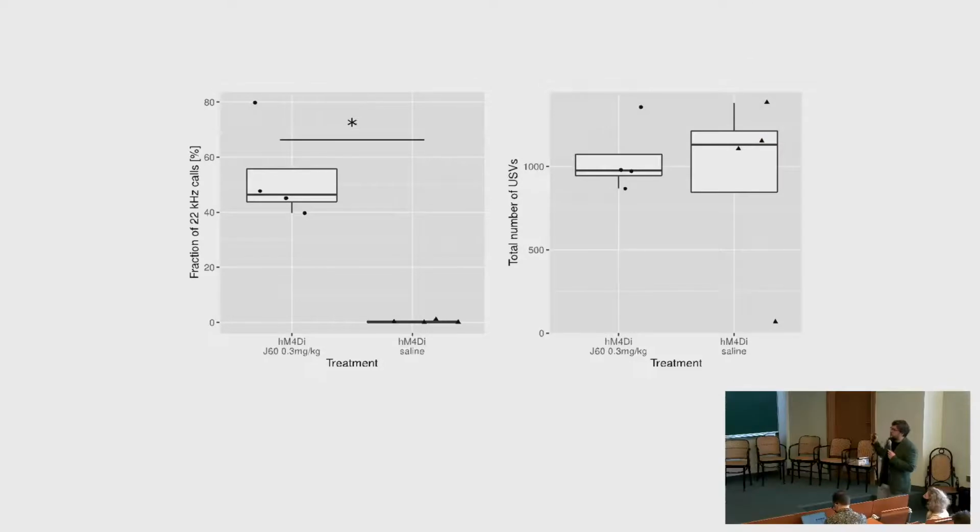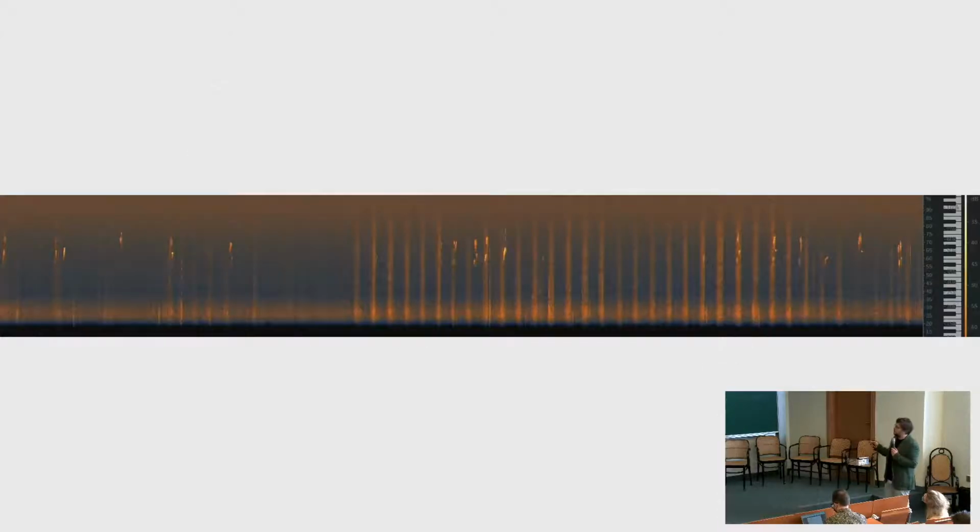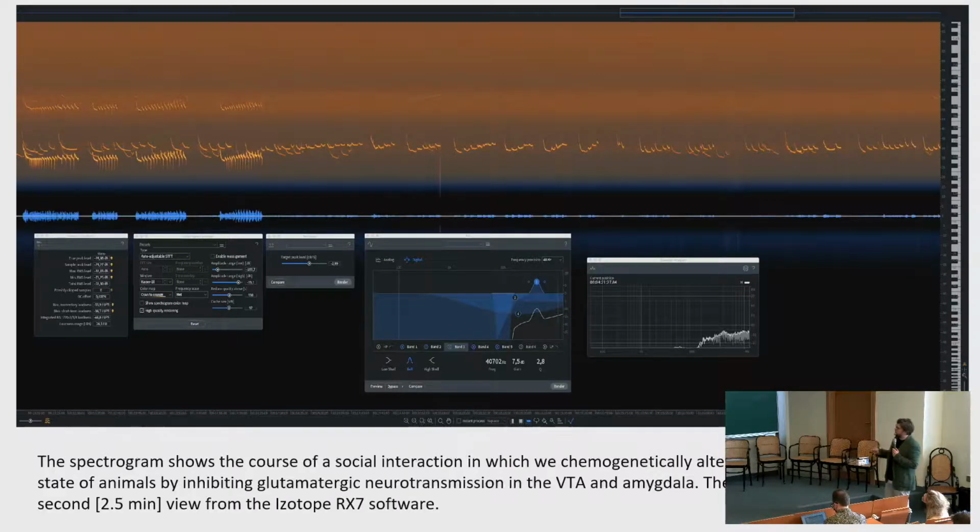All right, and here are the results. We suppressed the glutamatergic neurotransmission in the VTA and the amygdala, and despite the fact that the number of ultrasonic vocalizations was the same, we produced a fraction of 22 kilohertz calls. We didn't get those calls in the saline group, and we got a lot of those calls when we suppressed the glutamatergic neurotransmission in the amygdala.